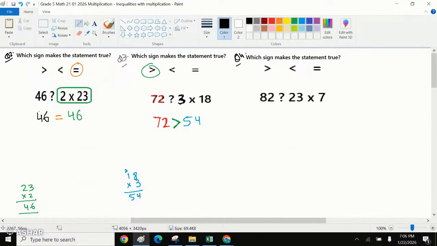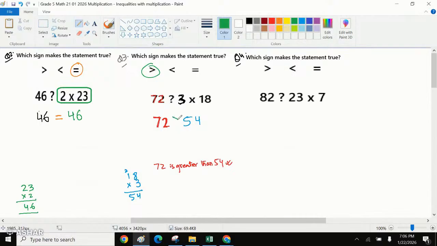See, how do we find greater than, less than? Can I say 72 is greater than 54? Is this true, right? 72 is greater. So whenever we have the greater sign, I'm doing question number 3 again.